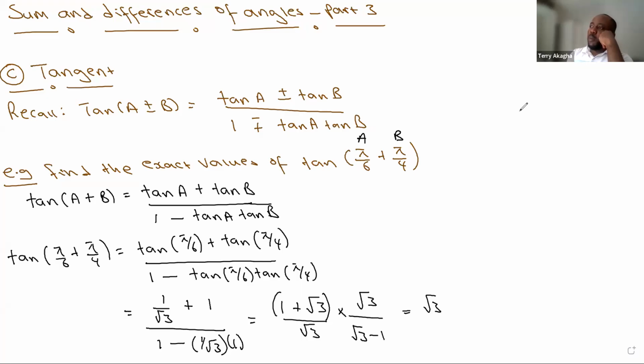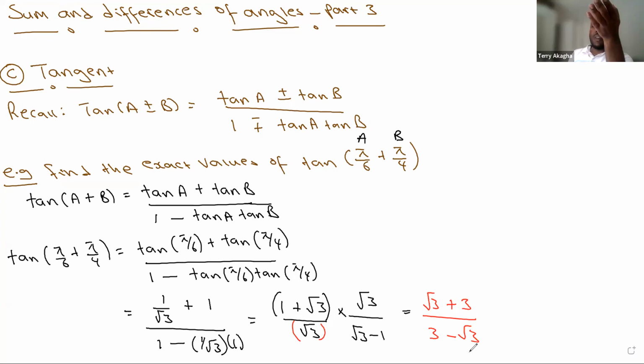So we can open the bracket to make it easy to understand. Root 3 times 1 will give you root 3, and root 3 times root 3 is root 9, which gives you 3. We can put this in red so that we know that's for expansion. Then the same thing: root 3 times this will give you 3 minus root 3.